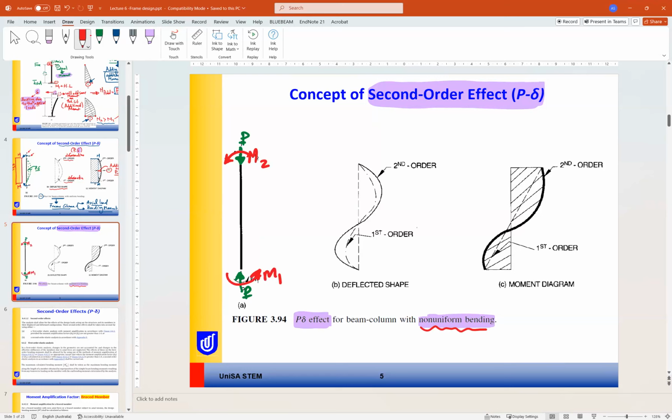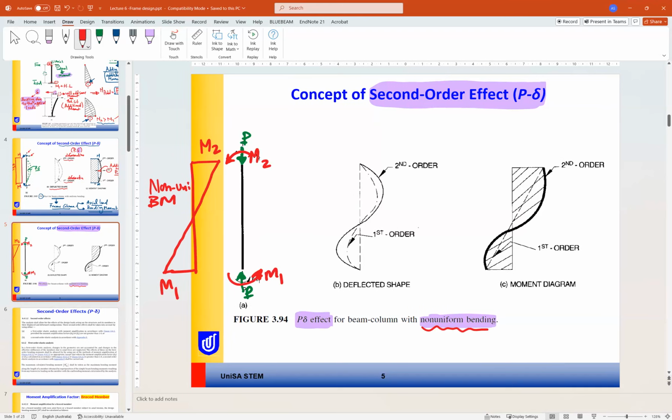So if you draw the moment on this one, the moment should be something like this. If this is M2, this is M1, so this is a non-uniform bending moment.